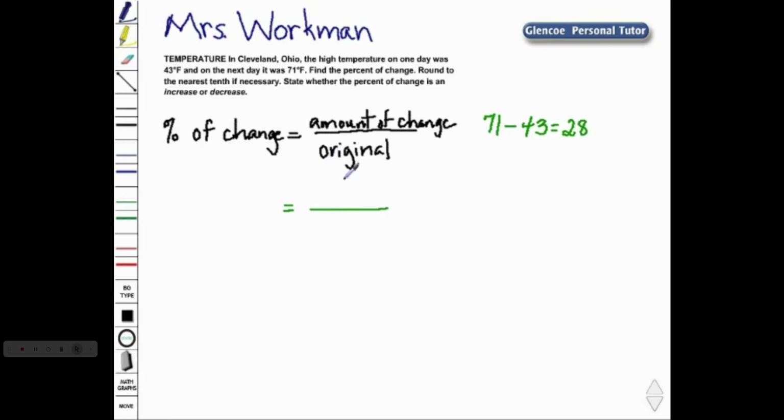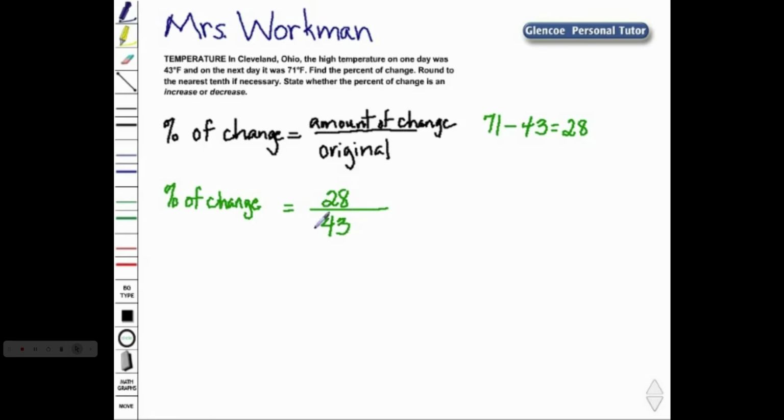So the amount of change is 28 degrees. The original temperature is 43 degrees. So the percent of change in this case is equal to this ratio.